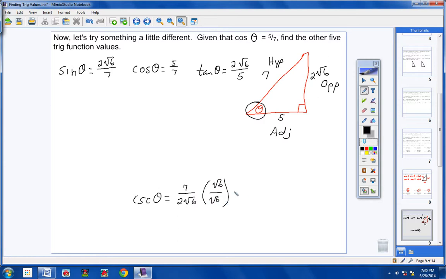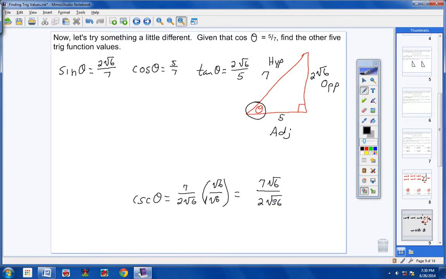Okay? Now, 7 times the square root of 6 is 7 square root of 6. And if you take 2 square root of 6 times square root of 6, you will get 2 square root of 36. There's really a 1 right here. 2 times 1 is 2. 6 times 6 is 36.